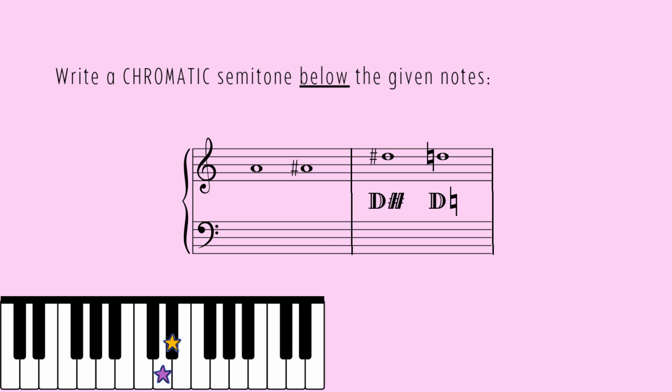Well, a natural sign can also lower a note that is sharp. So when we have a note that is sharp and it needs to be lowered, we're using the natural sign to do that. So D sharp to D natural then is a chromatic semitone. They share the same letter name. They're on the same line on the treble clef.